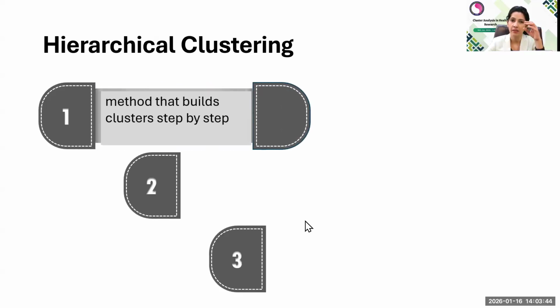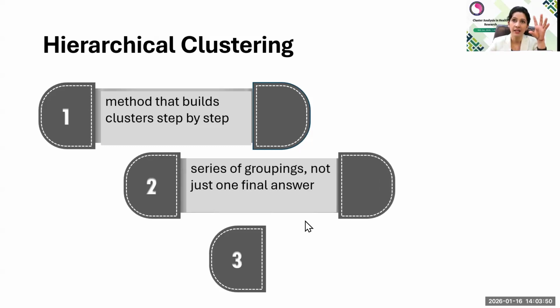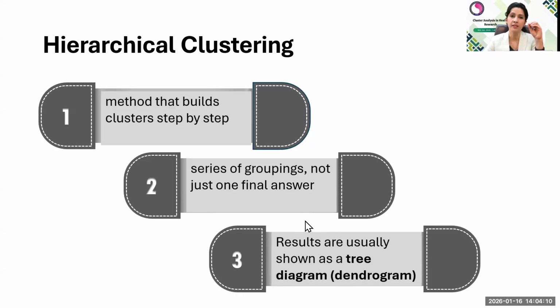It builds up the clusters step by step, using a series of groupings, and it is not the final answer, because the dendrogram doesn't tell you that you have two or three clusters. You have to decide, seeing the dendrogram, how many clusters you want. We will see this. So it is subjective, not a final answer, and results are usually shown as a tree diagram or dendrogram.